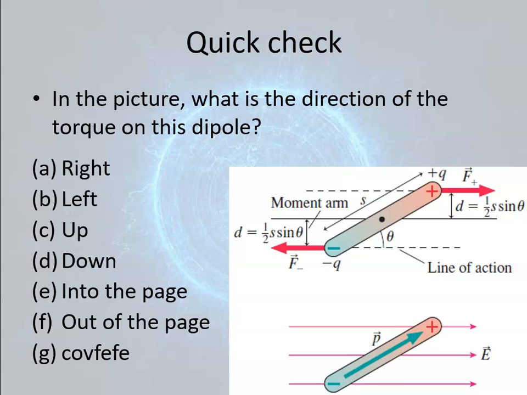But when you do it that way, your thumb on your right hand will be pointed in the direction of the torque, or the direction of the cross product in general, the torque in this particular situation. So that's going to be into the page. Into the page. So choice E.